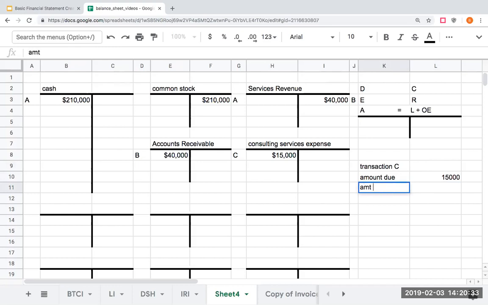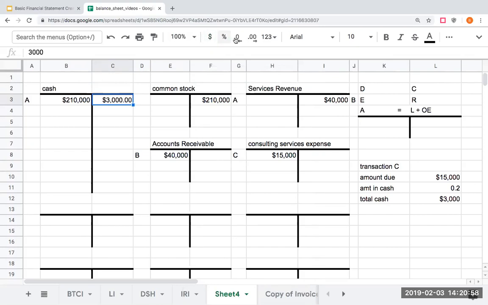The amount in cash is going to be 20%. So the total cash being paid is $15,000 times 20%, or $3,000. So for every debit, I need a credit. I'm going to credit cash for $3,000, and this will be transaction C.